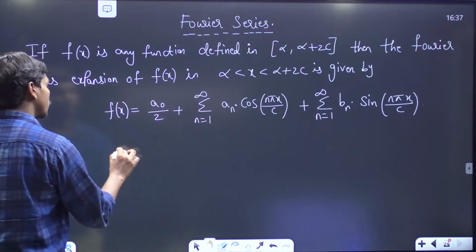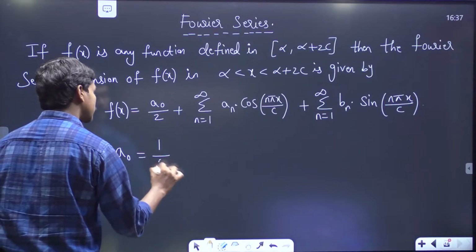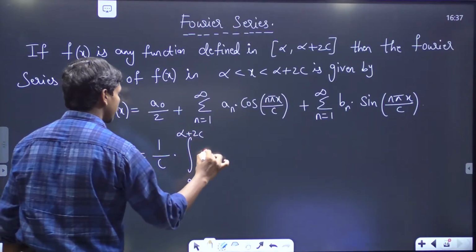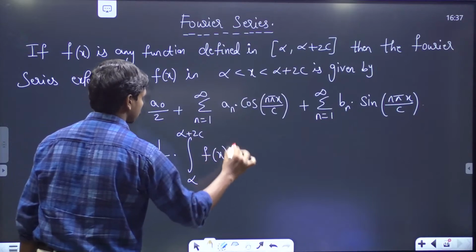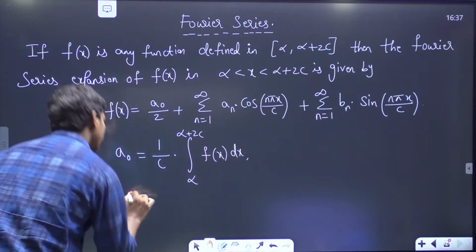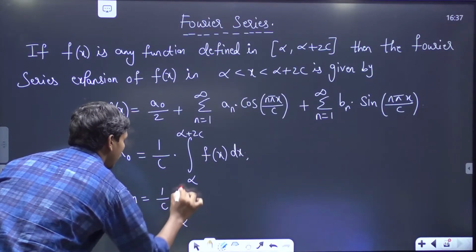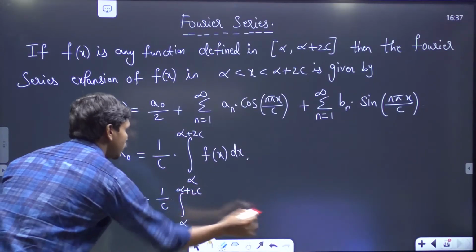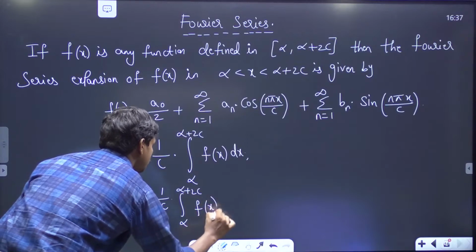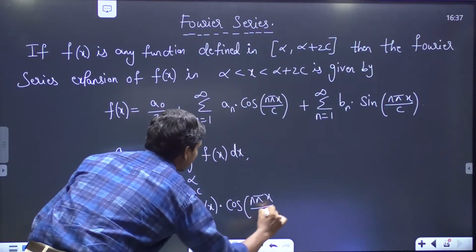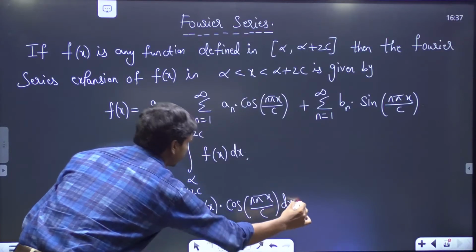a naught is equal to 1 by c into integral alpha to alpha plus 2c f of x dx. an is equal to 1 by c into integral alpha to alpha plus 2c f of x into cos n pi x by c dx.